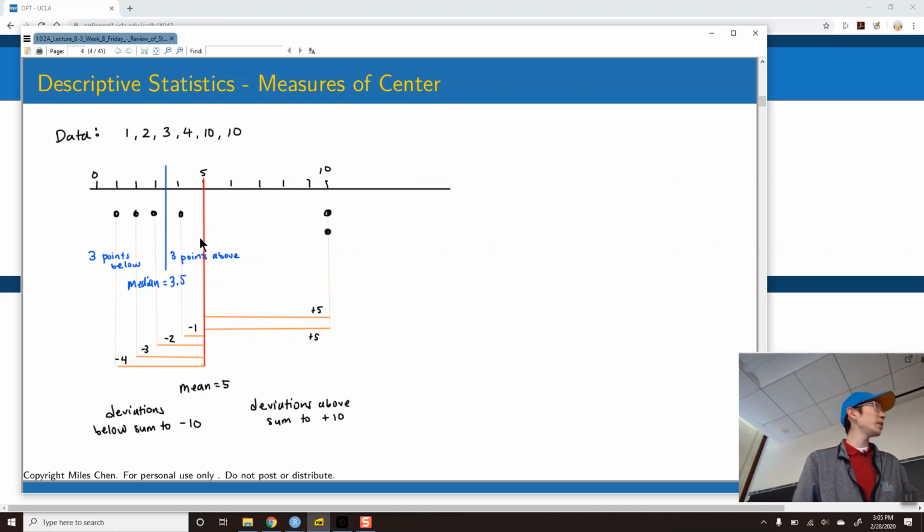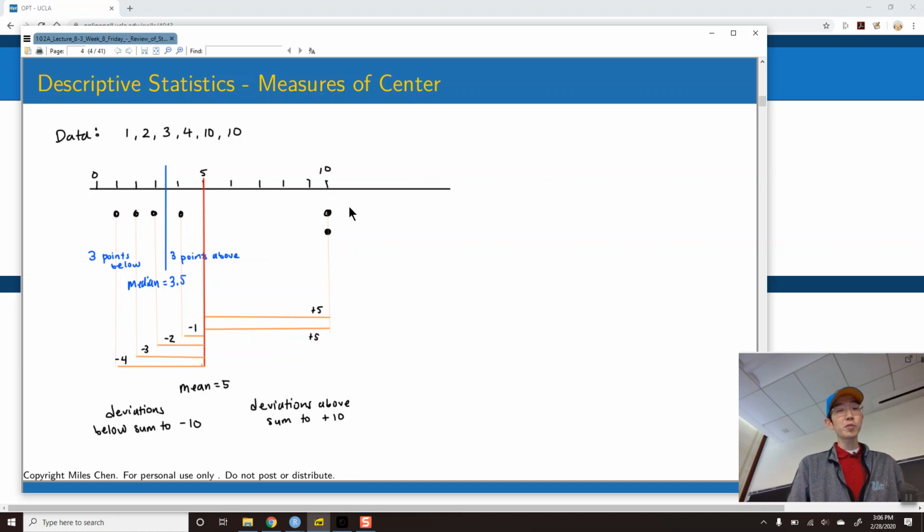If we think of the mean, I add these up and divide by 6 and I get 5 as the mean. Here I look at the deviations. The point 4 is 1 unit below the mean, so it has a deviation of -1. 3 has a deviation of -2, 2 has -3, and 1 has -4. So the deviations of the points below the mean add up to -10.